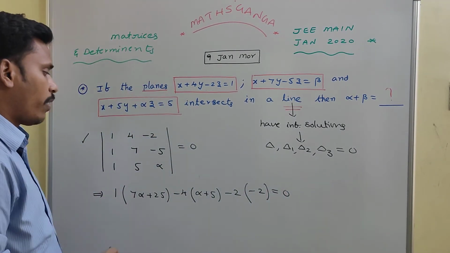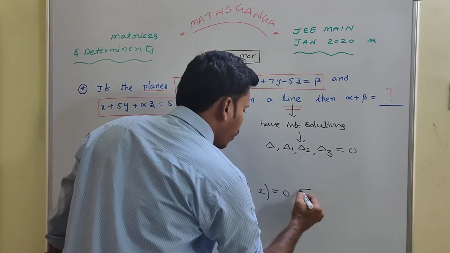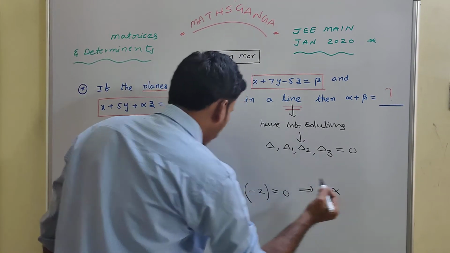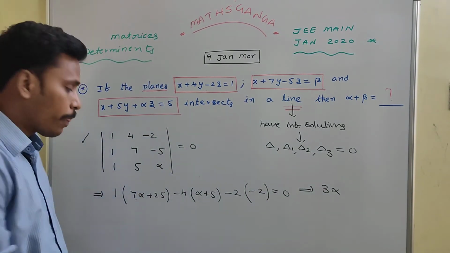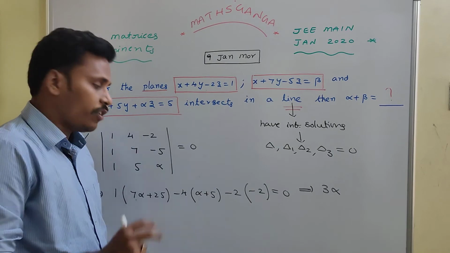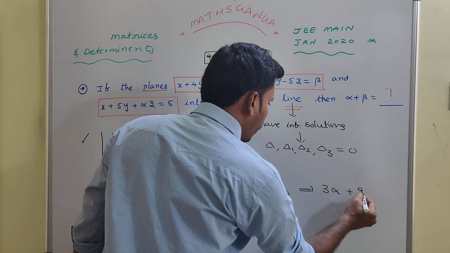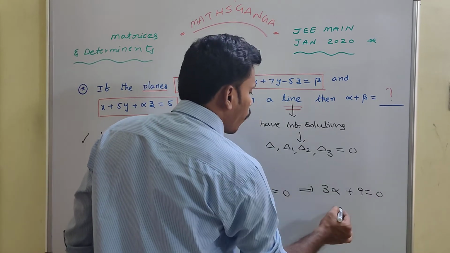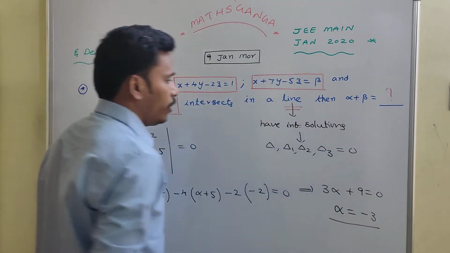Further you need to simplify. 7 alpha minus 4 alpha is 3 alpha. Coming to the constants, this is 25 minus 20, which is 5, and 5 plus 4 is 9. So 3 alpha plus 9 equals 0. From there it is very clear that the alpha value is minus 3.